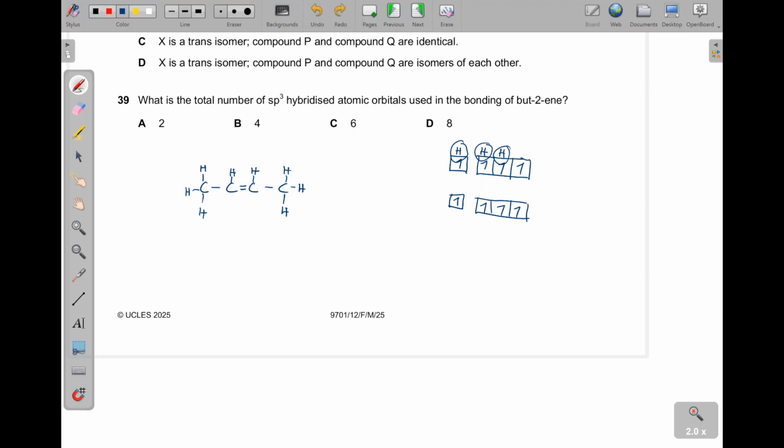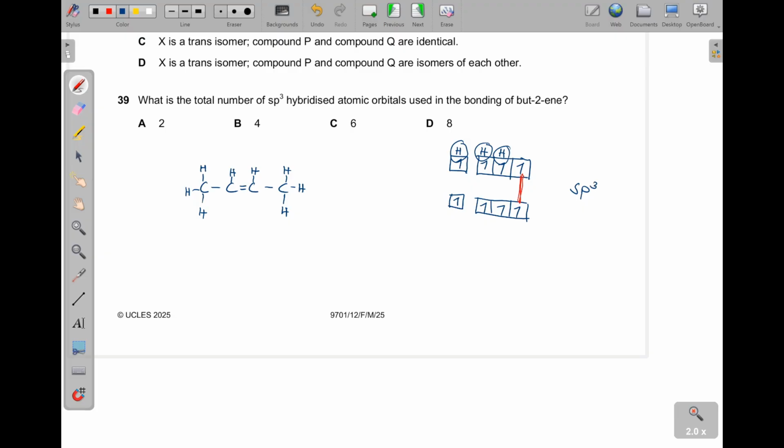So that means there is what we call head-on overlap. Okay, so let me represent it with this one. In fact, let me change the color and make it, let's say, red. So head-on overlap of those ones there. So this is sp3.